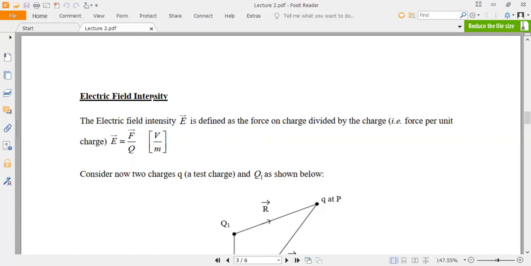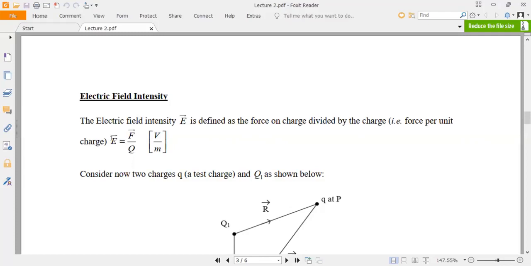What is this electric field intensity? The symbol is E bar, and it is defined as force on the charge divided by the charge. That is the force per charge. That is called electric field intensity.